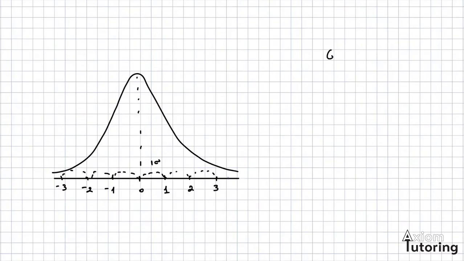The first one is going to be the 68% rule. One extremely useful fact about the normal distribution is that about 68% of the observations lie within one standard deviation from the mean. So if you go one jump on this side and then one jump on the other side, in this area right here, this is your 68% that we were talking about, okay?